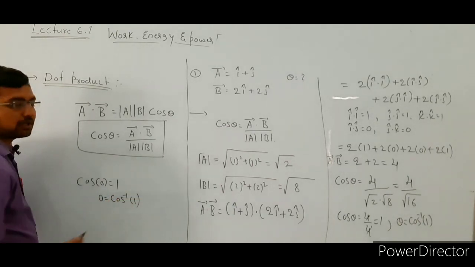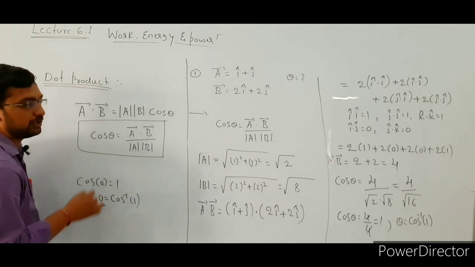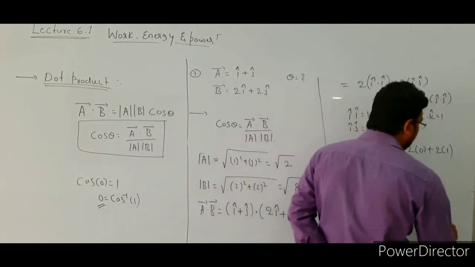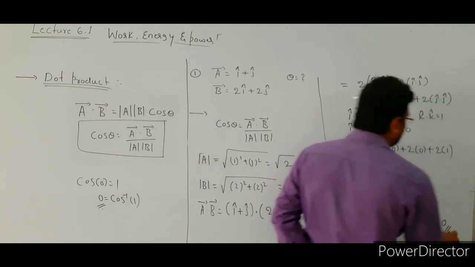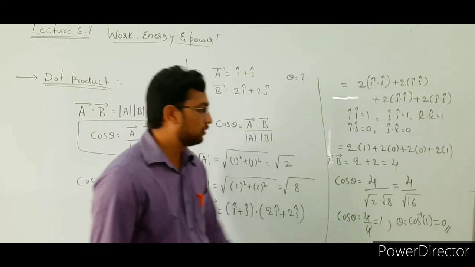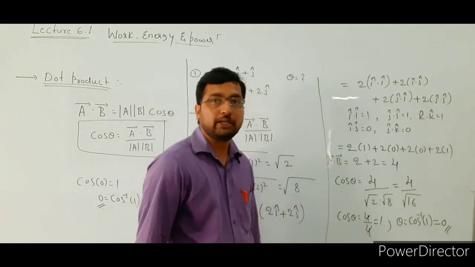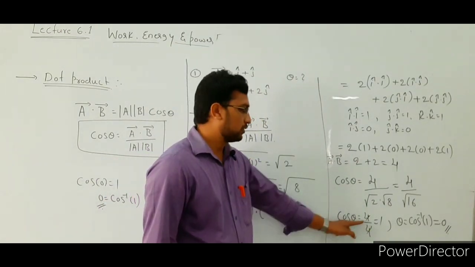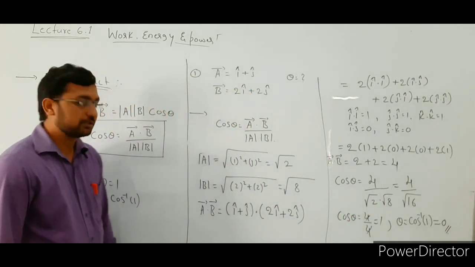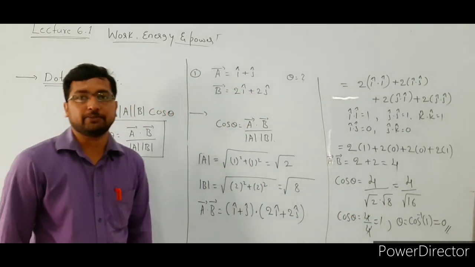So here cos inverse of 1 value is 0. So then the angle between these two is 0. So this is the solution of this problem. Cos theta is equal to 4 by 4, that is equal to 1. Here we want to calculate theta value, so theta is equal to cos inverse of 1, and cos inverse of 1 value is 0.